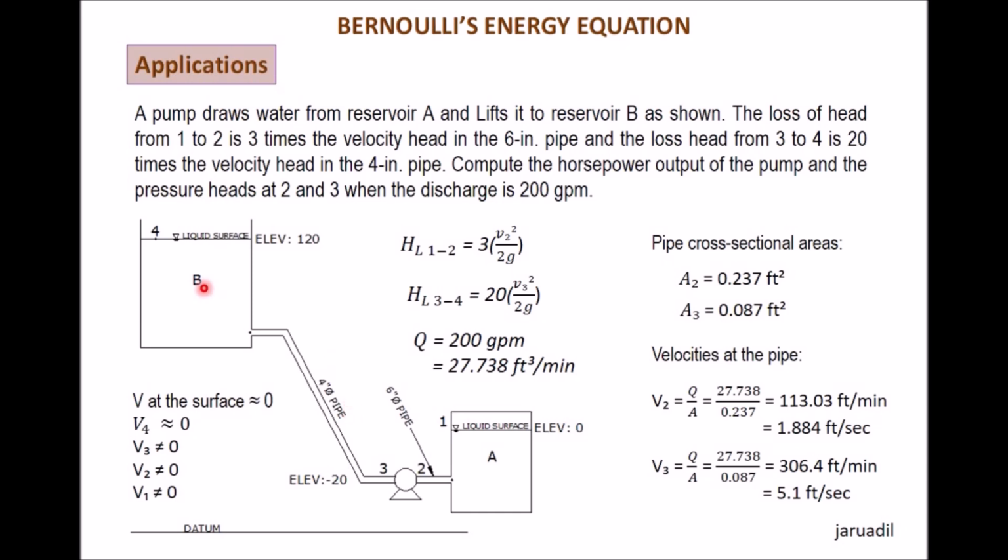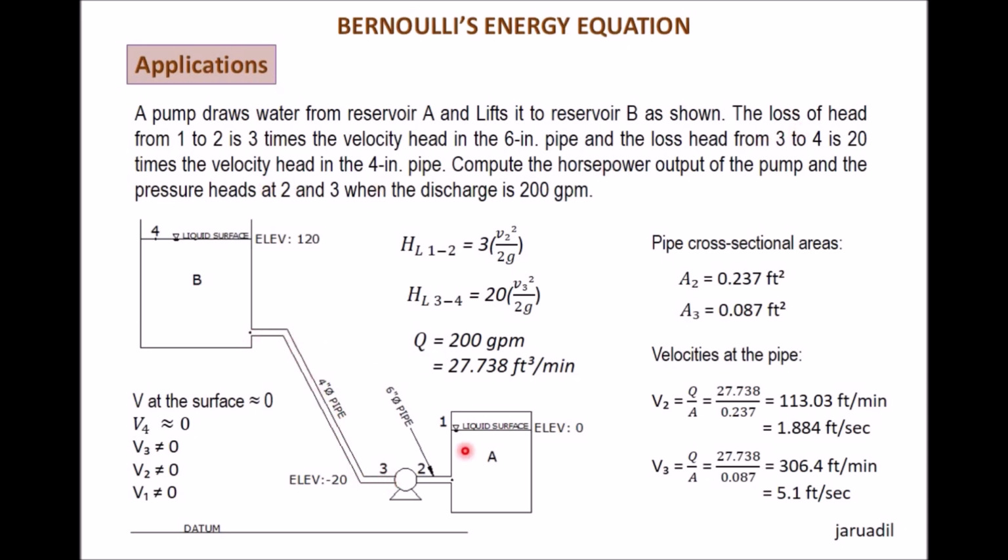There are two reservoirs, A and B, and the liquid from reservoir A is transferred to reservoir B. So the problem uses a pump to transfer the liquid from this tank to this tank. The suction side of the pump is a 6-inch pipe and the discharge side is a 4-inch pipe.